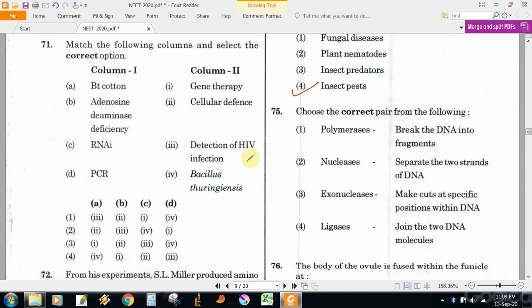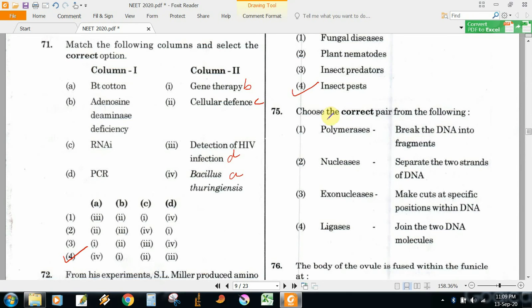So Bacillus thuringiensis is associated with the BT cotton, so hence fourth one is A. Next, detection of HIV is done by the PCR, so hence it is D. And cellular defense, we know it is RNA interference, it is C. And gene therapy: adenosine deaminase deficiency was initially cured through gene therapy, so it is B. So based upon this, you can see that the right option from all the four options is the fourth one.